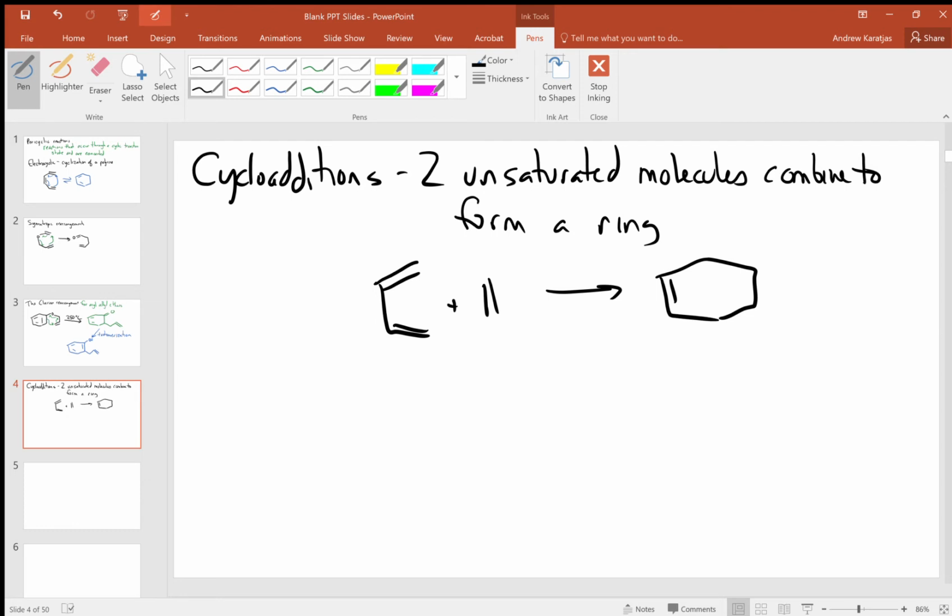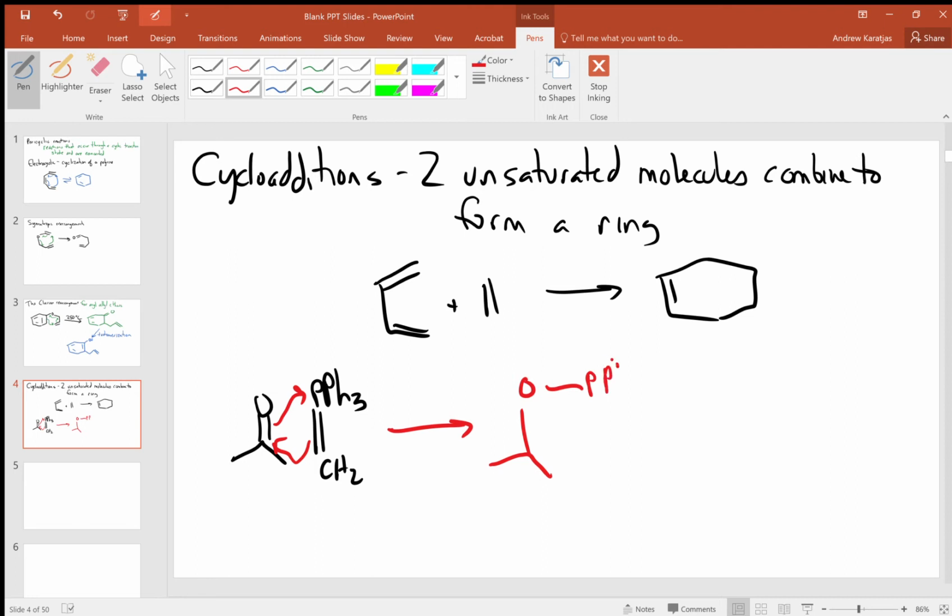But in actuality, we've already seen a cycloaddition reaction. We covered it in the aldehydes and ketones chapter, but if you recall the Wittig reaction, the first step of that process, the one that made the oxaphosphetane intermediate, was an example of what we call a 2+2 cycloaddition.